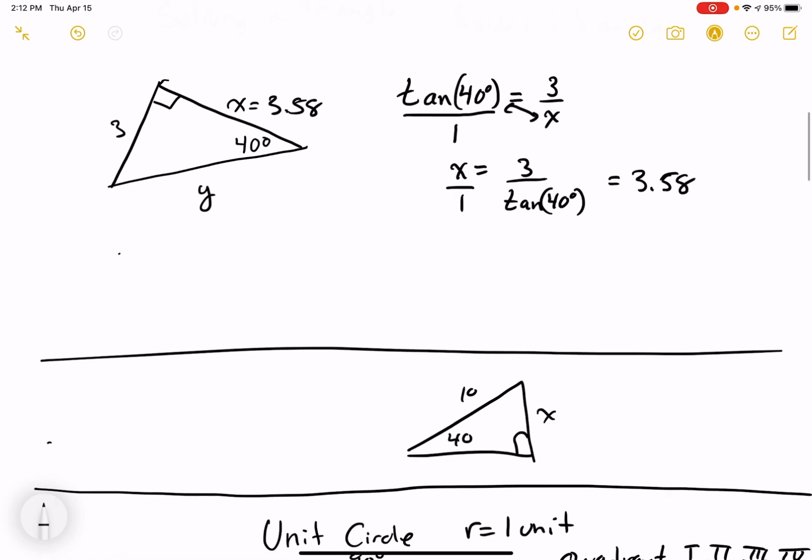So now I'm going to write sine of 40 is equal to 3 over y. Again, I'm going to use my powers of proportion to switch the y and the sine 40. I'm going to get y is equal to 3 divided by sine of 40. And that's going to round to 4.67.